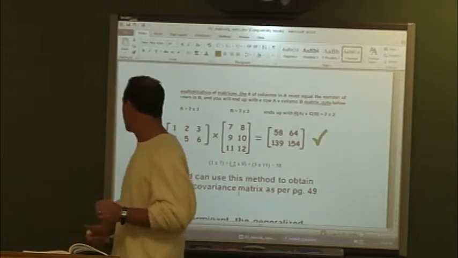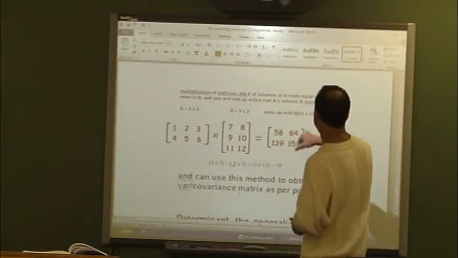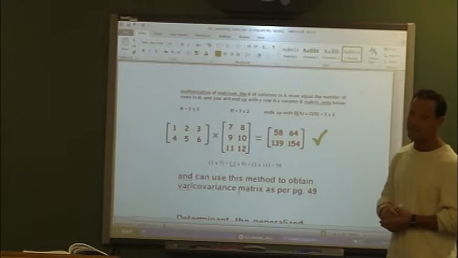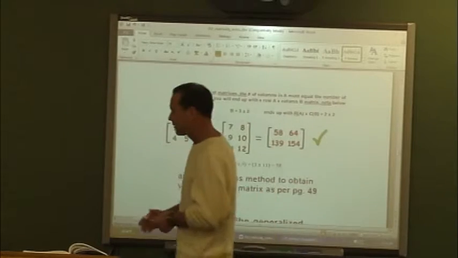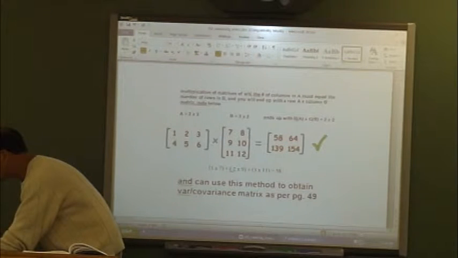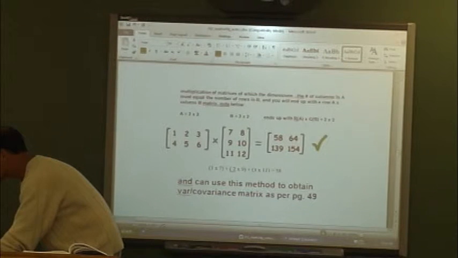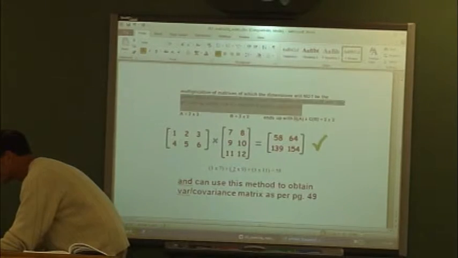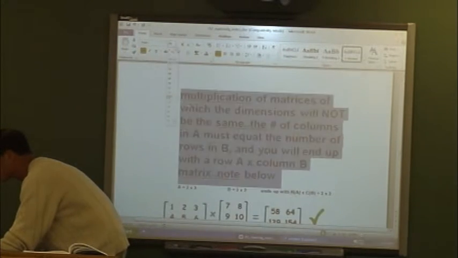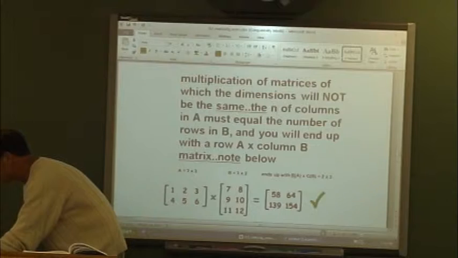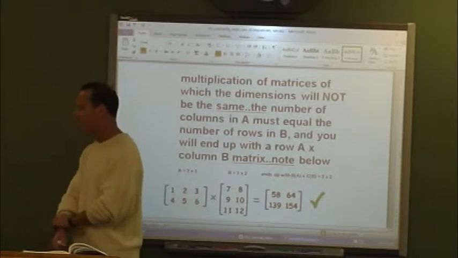So, the number of columns in A must equal the number of rows in B. In other words, A will not necessarily be of the same dimension as B. The number of columns in A must equal the number of rows in B.